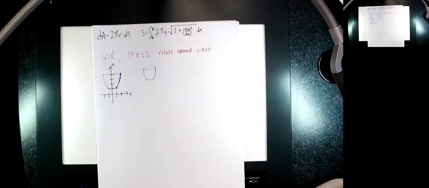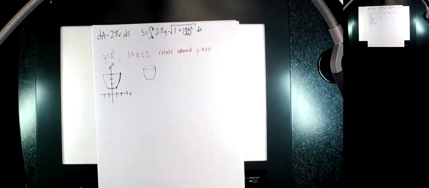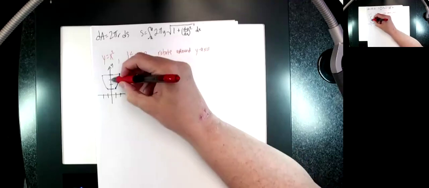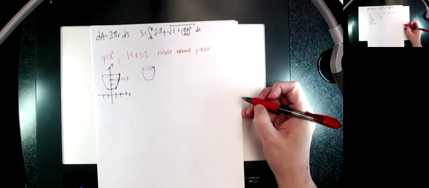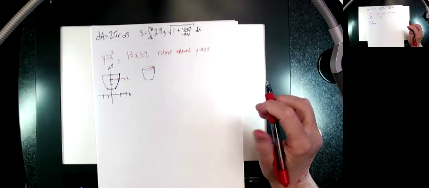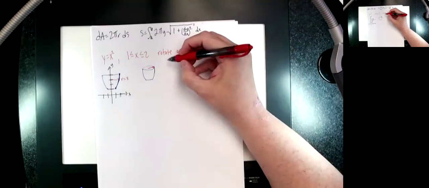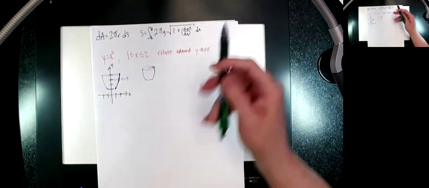Effectively, the circles are going around this, so the radius is that way, which means the radius is in terms of x. Which is different than the one we had up above, but that just changes this.